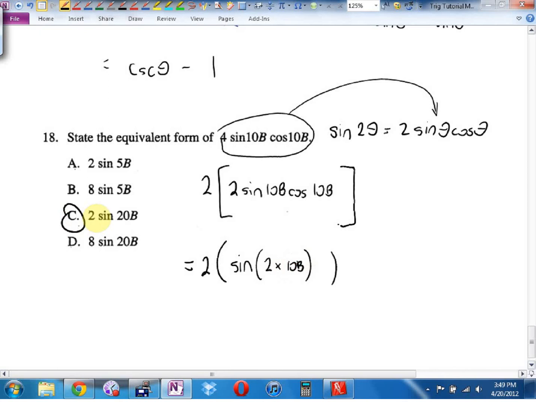This is what I meant by I'm going to give you the right-hand side of one of those double angle identities and force you to work your way backwards. Does that go there? Then that's theta, so that also goes there. What's 2 times 10b? Right? And that dropped down.